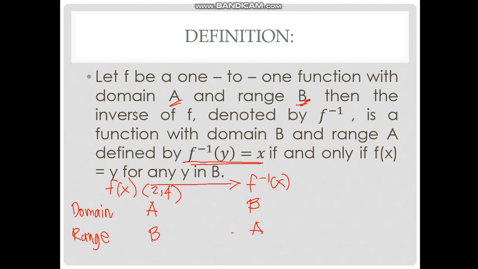Meaning, when you choose any value of y in the set of ordered pairs from the original function, say for example 4, when we substitute it to its inverse, dapat equal siya sa corresponding value of x. Any value of y, pag sinubstitute natin sa inverse, dapat equal siya sa corresponding value of x.